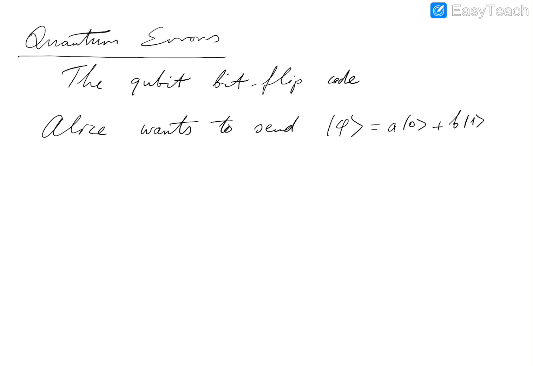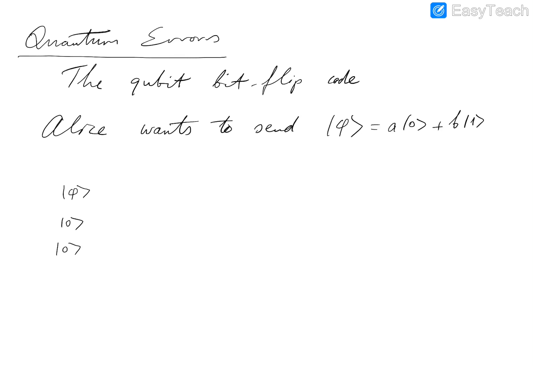Now what we do in this protocol is that Alice prepares two more qubits, ancillary qubits, each set to state 0. So we have the state that Alice wants to send, this is phi, and we have two more ancillary qubits. So we have a 3-qubit code. This is where the name comes from.